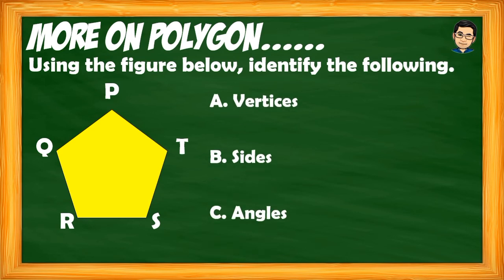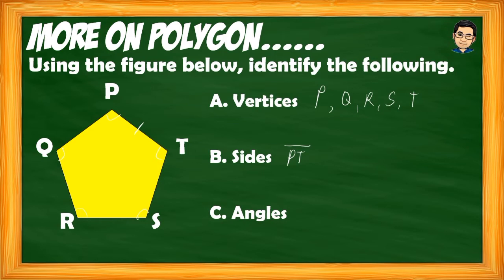For letter A, vertices. Yung ating mga vertices, P, T, S, R, Q. Sulat natin, P, Q, R, S, T. And then yung mga sides naman, mag-start tayo sa PT. Yung symbol po for sides, yung symbol ng line segment.